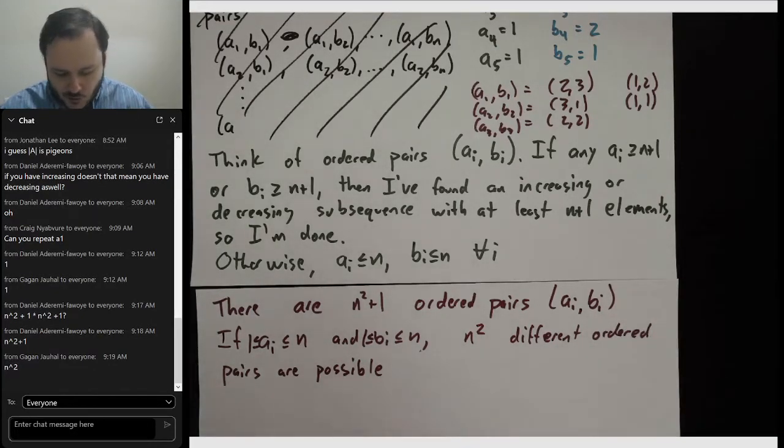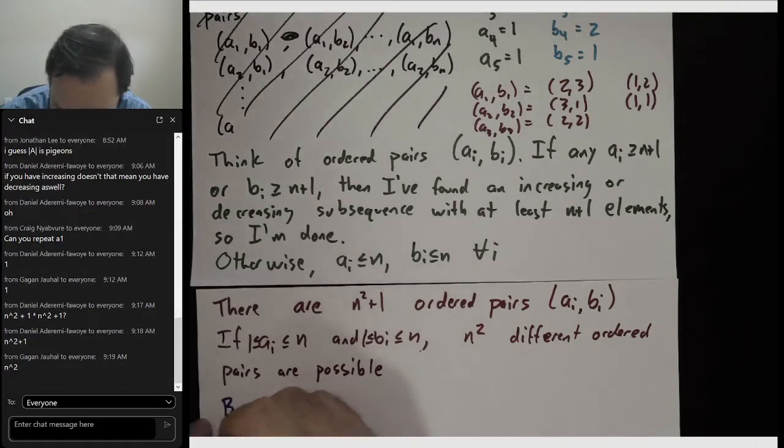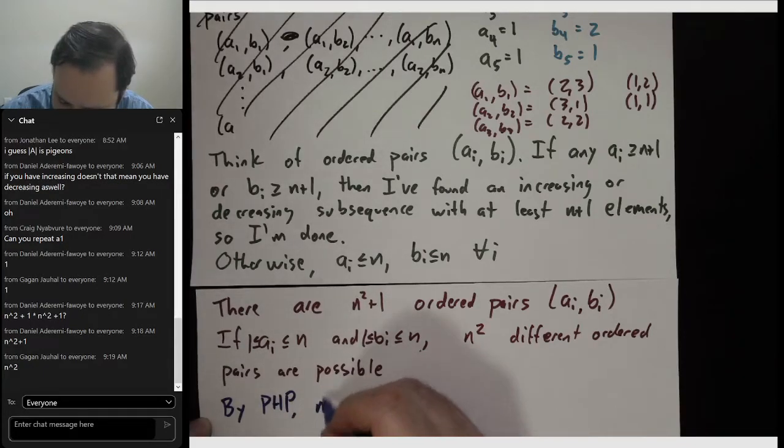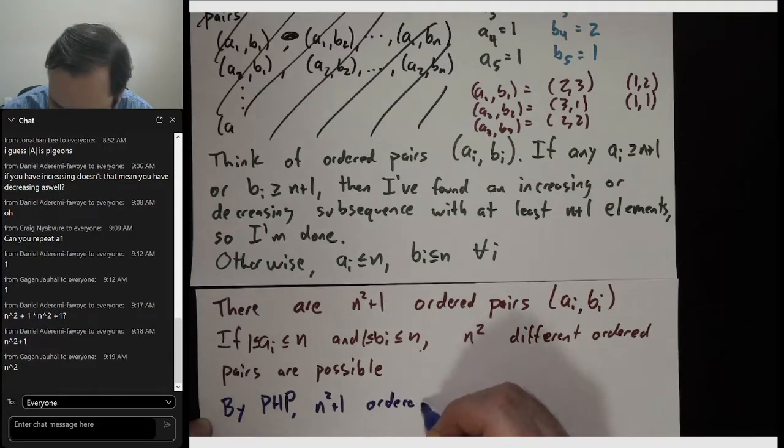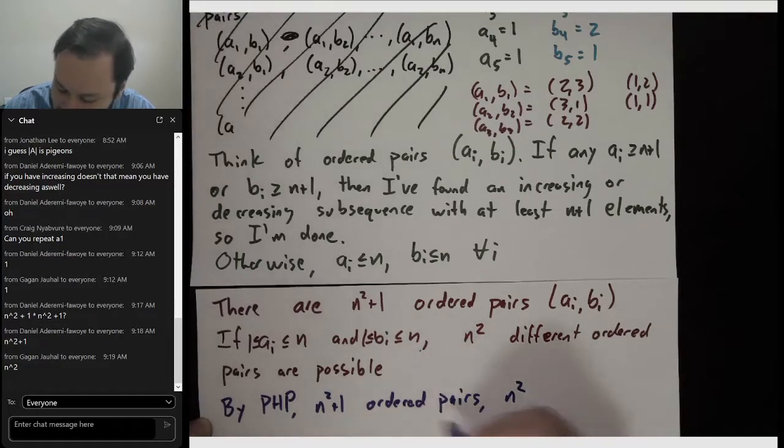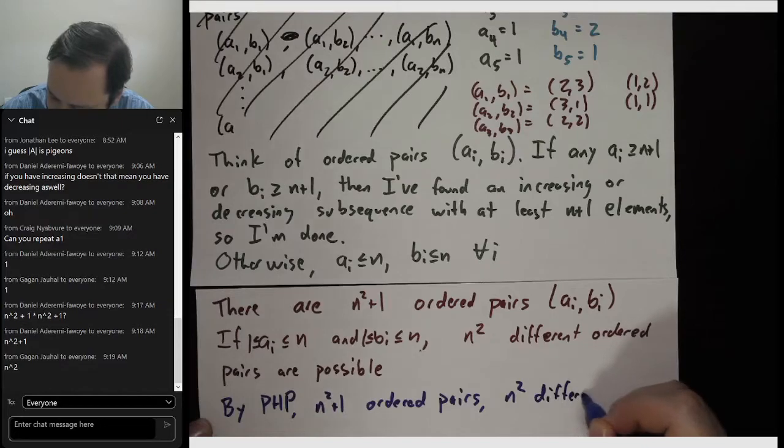Here's where my pigeonhole principle comes in. By the pigeonhole principle, I have n squared plus 1 ordered pairs, n squared different options.